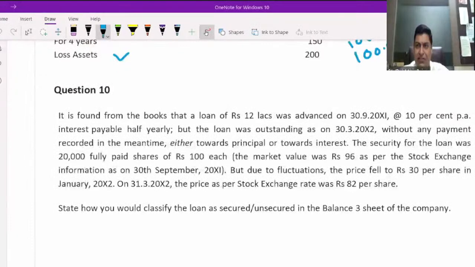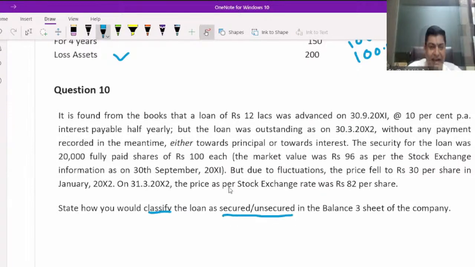It is a small question, question number 10. Read the question, guys, and see what we are supposed to do. State how you could classify the loan as secured or unsecured.